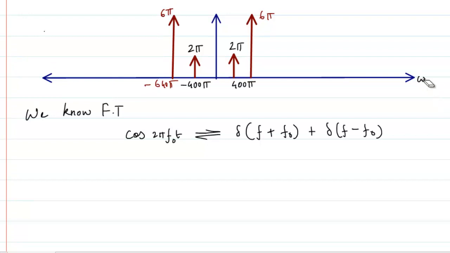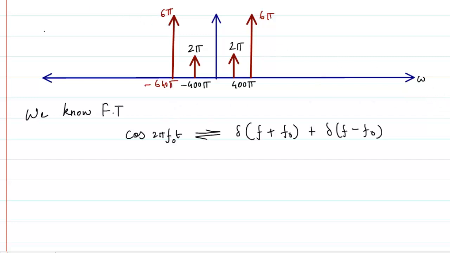Another way is, omega is basically equal to 2 pi f. So if you want to make the axis f instead of omega, you basically divide the whole thing by 2 pi. That is one of the simplest methods.